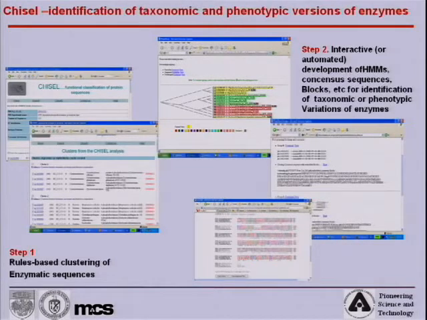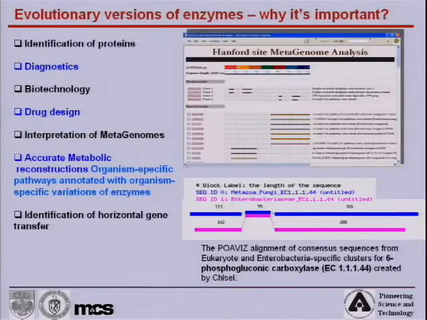In some organisms, it's one subunit. In some organisms, it's two subunits. In some organisms, it's ATP dependent. So there could be different variations of the same functions across the genomes. And the amount of sequence data now allows us to look at these variations. That's why we created the rules-based clustering algorithm, which allows us to look at these variations.